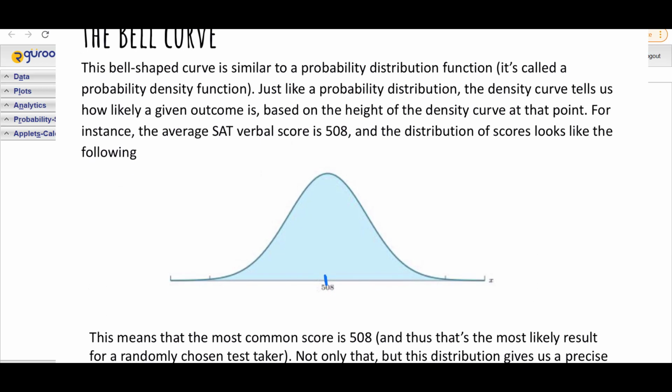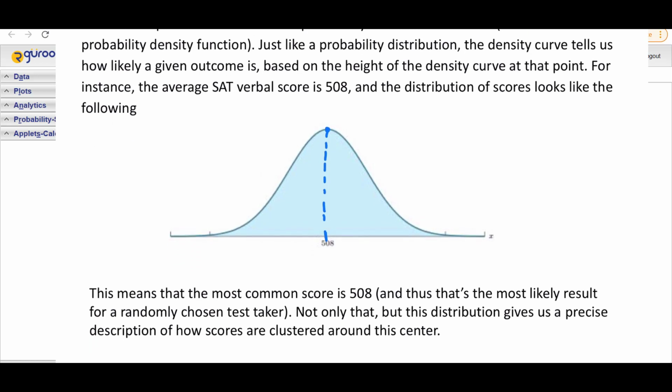And so if you'll notice, the mean and the median are in the center, and the mode, because it's the one that occurs the most, it's the highest, is in the center, and then all the other scores fall to the right and left. So the most common score, again, the mean, is 508, and that is the most likely result to occur because, again, it's the mode, it's the one that occurs the most.